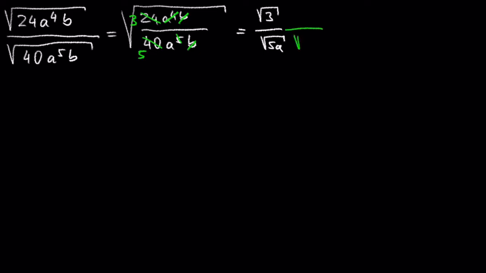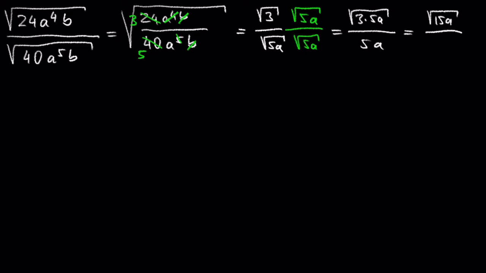Multiplying by the square root of 5a, we get on the top, by applying the multiplication rule for roots, the square root of 3 times 5a, and at the bottom 5a. The square root of 3 times 5a is the square root of 15a, and we are done with this problem.